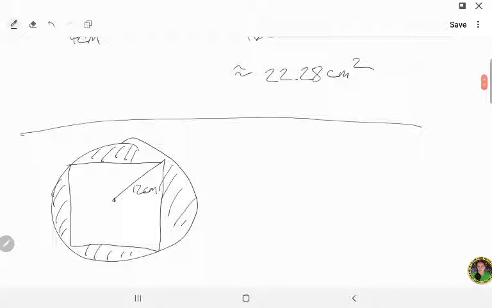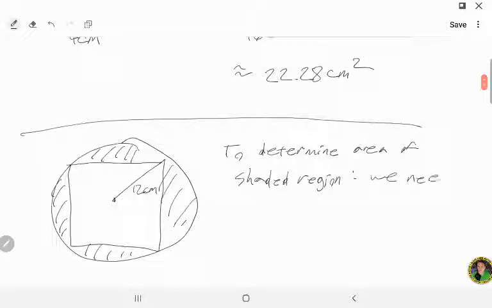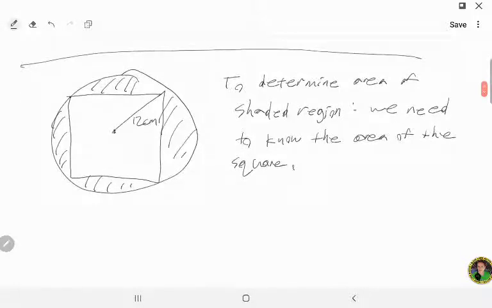So what would we need to know? To determine the area of the shaded region, instead of adding, now we're going to subtract. We need to know the area of the square. So how can we do that?